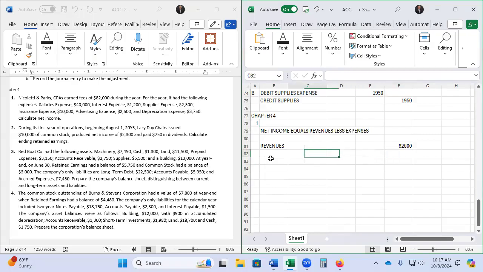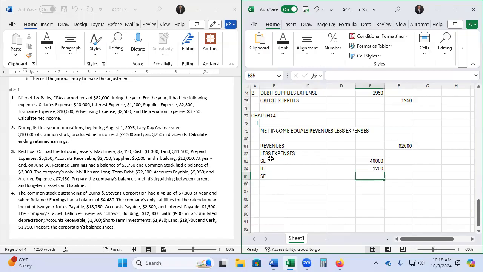Earned fees is what they called them. And then we have less expenses. And so I'm just going to abbreviate salaries expense, 40,000. Interest expense, 1,200.